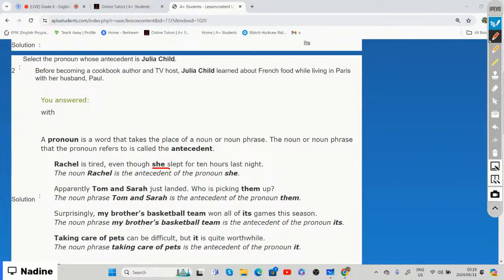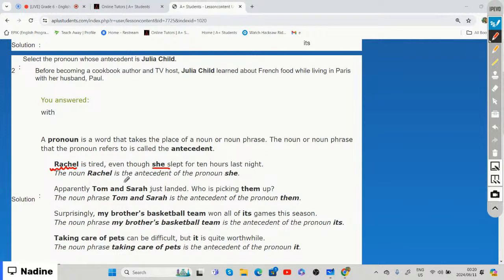So Rachel is the antecedent, and she is our pronoun that refers to Rachel. The noun Rachel is our antecedent of the pronoun, which is she.